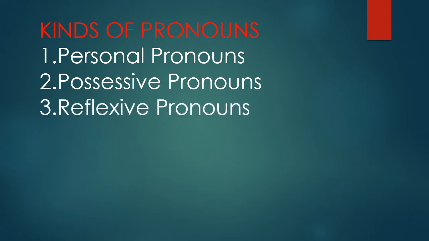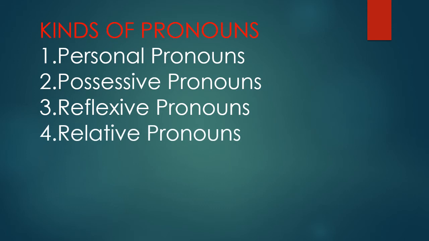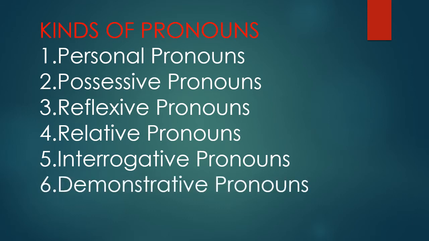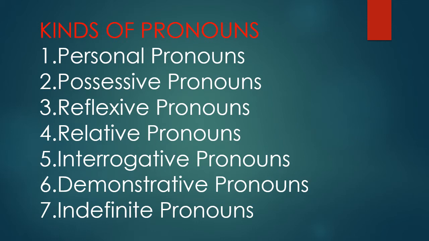Number 4, relative pronouns. Number 5, interrogative pronouns. Number 6, demonstrative pronouns. And number 7 is indefinite pronouns. So they are all the different kinds of pronouns which we are going to learn about now.